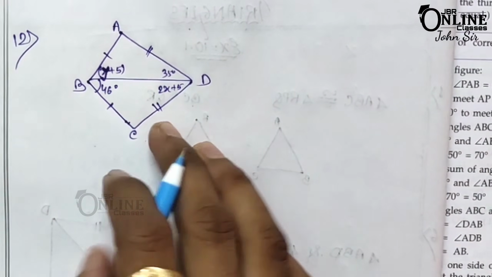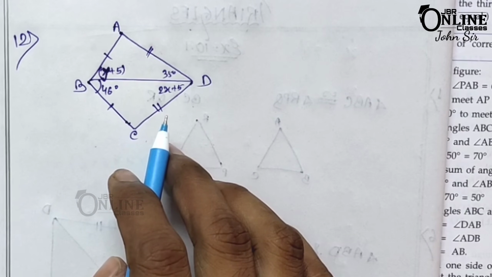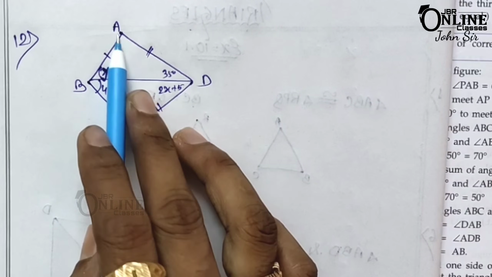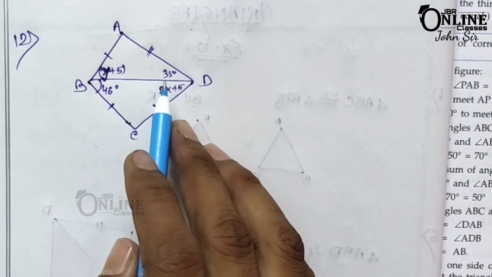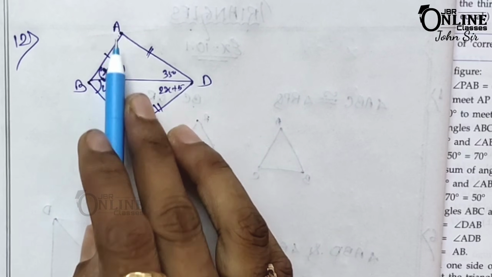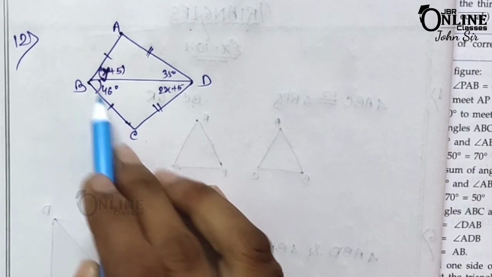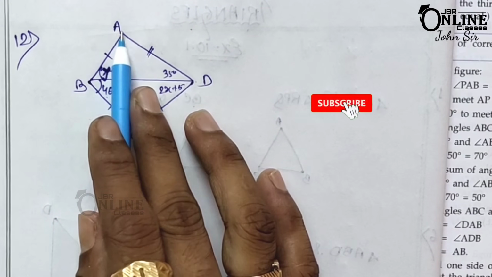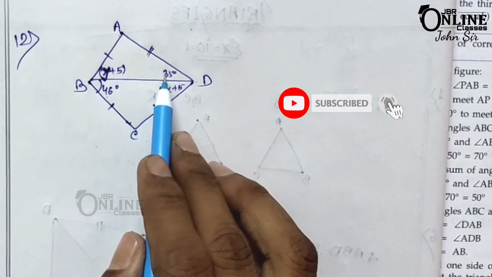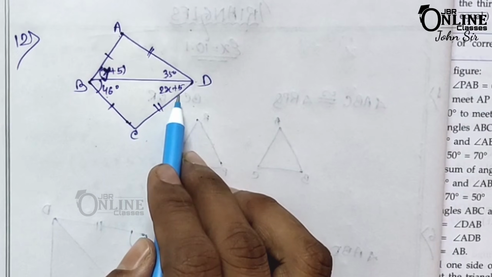Now the last one, sum number 12. In sum number 12, ABCD is a diagram, and here you have to find the value of x and y. Here angle ABD is y plus 5, angle CBD is 46, angle ADB is 35, and angle CDB is 2x plus 5.